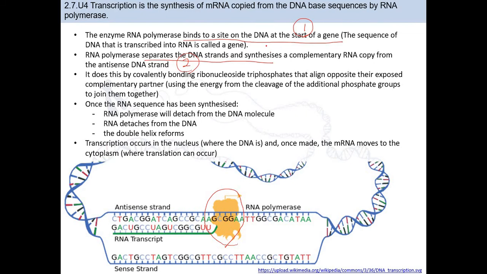So RNA polymerase will bind, which means it does the recognition function, and then it separates the DNA, which is the function of the helicase in DNA replication, and then it synthesizes the complementary RNA by making a copy. So here is the third function, synthesizing.